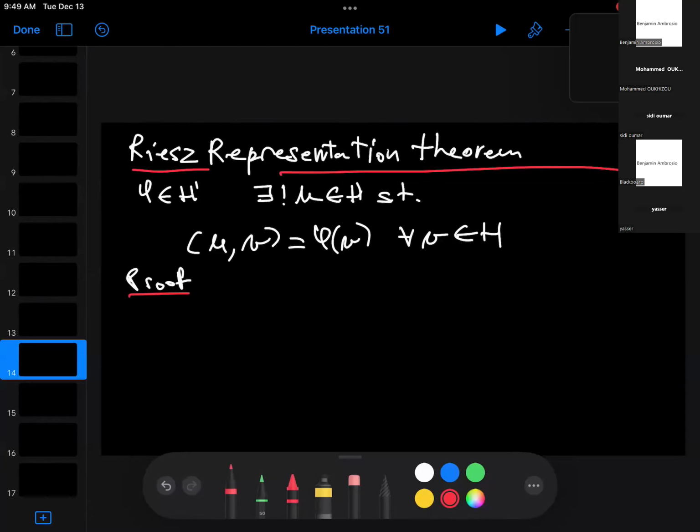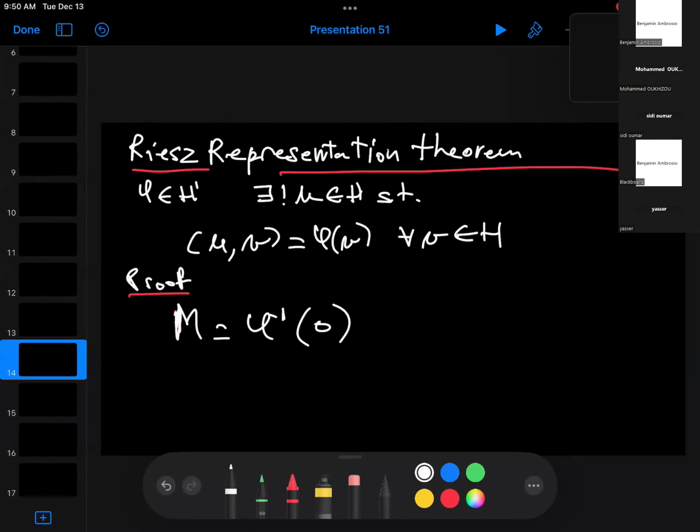Okay, so we start by defining a linear subspace of H. This is the kernel of phi.